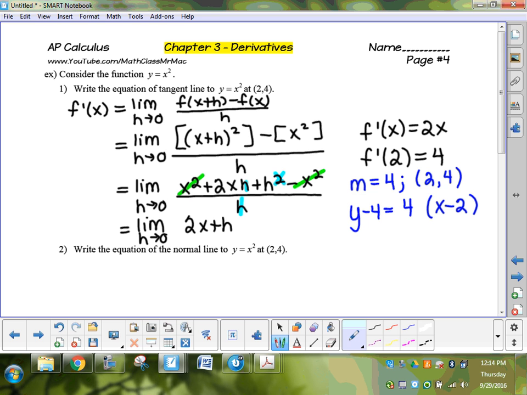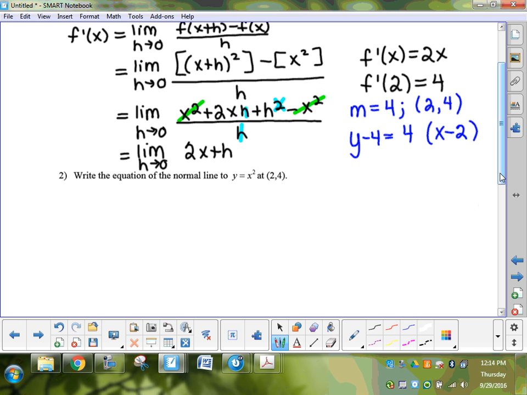Questions on that one? Now the next one that you need to know is the equation of the normal line, and I don't know if you've done this before. I think this is the first time you have seen it. Normal line is perpendicular to the tangent line.